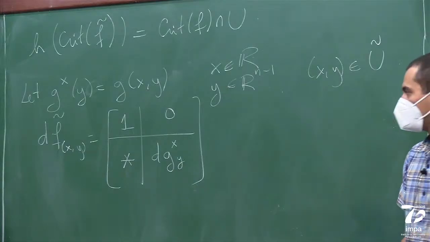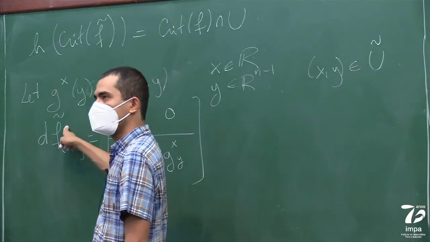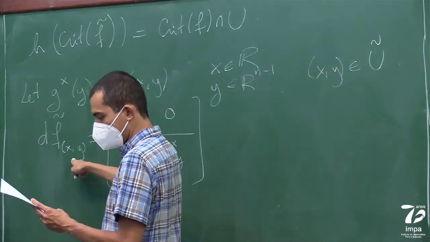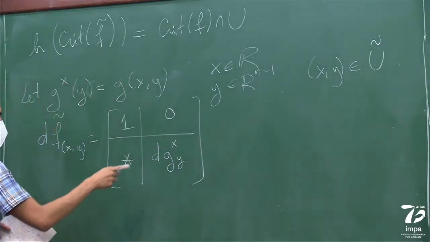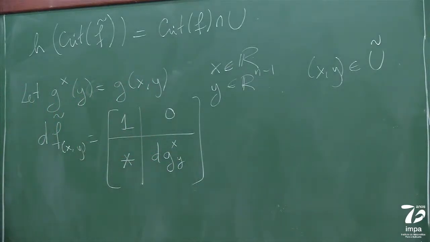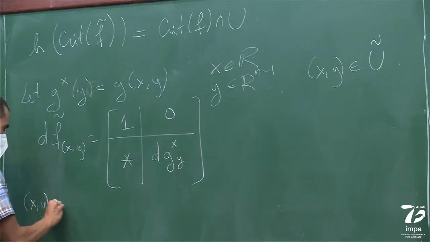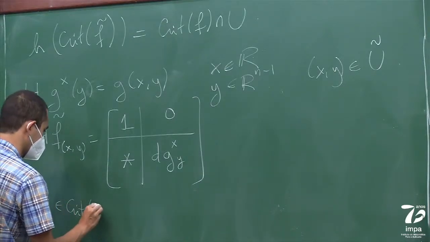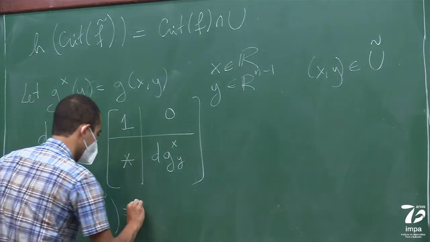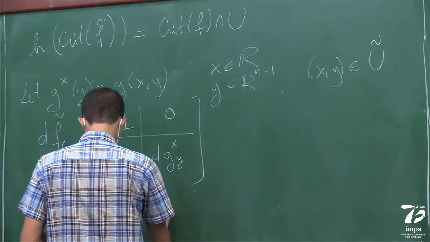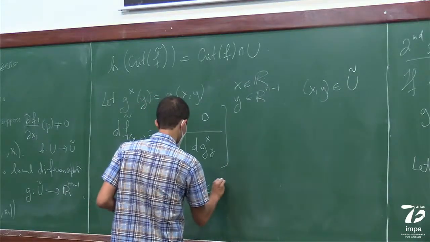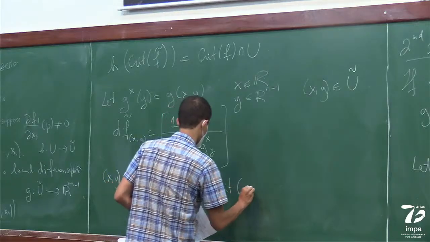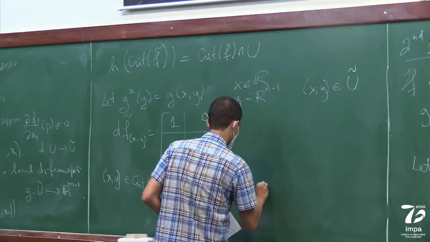So now you see that (x, y) is a critical point of F tilde if and only if y is a critical point of gx. So this is the key thing.